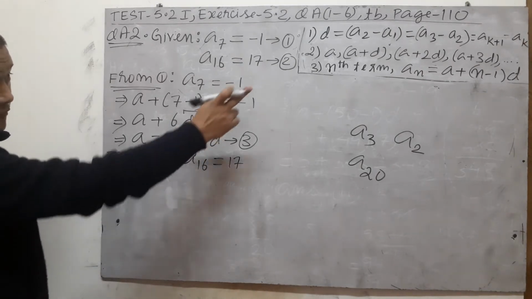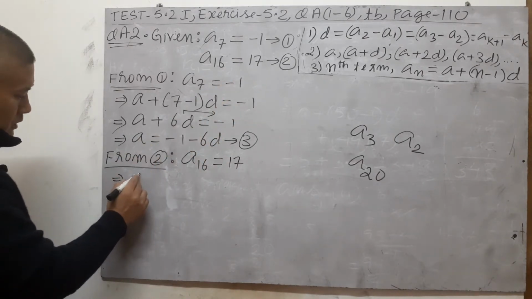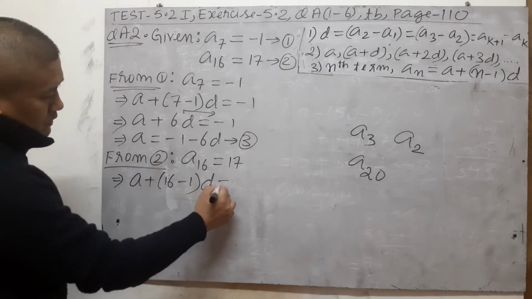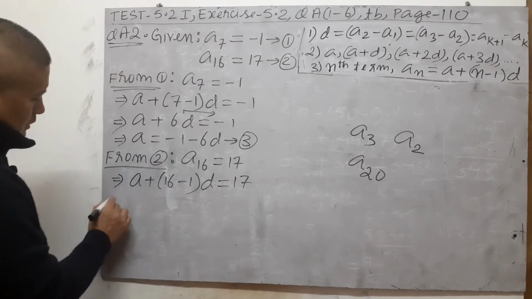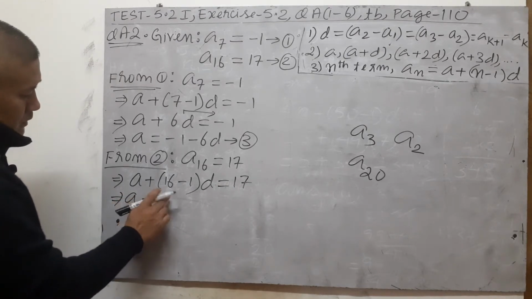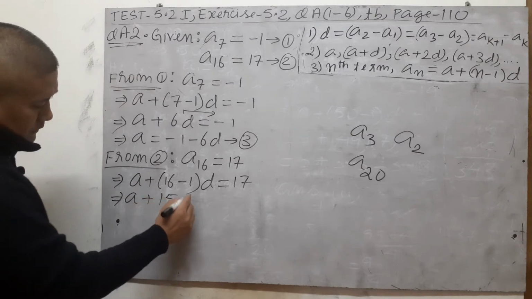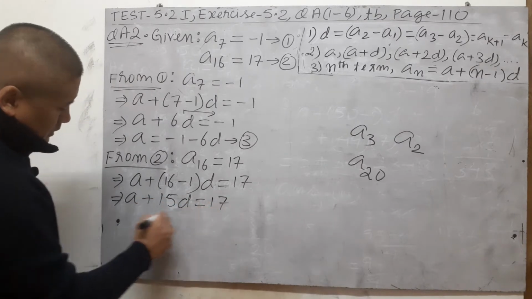So applying that same formula, a plus n minus 1, 16 minus 1 into d equal to 17. So a plus 16 minus 1 is 15, so 15d equal to 17.